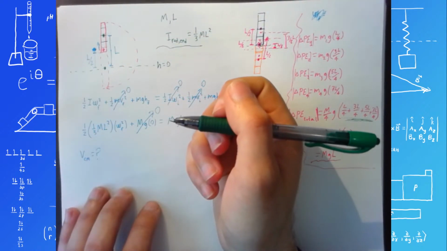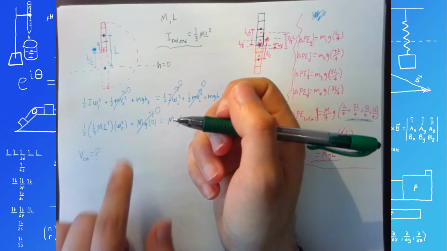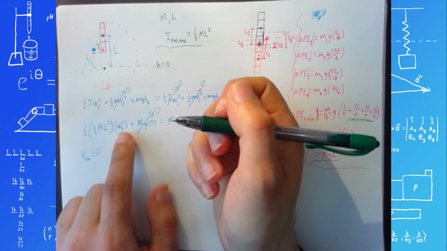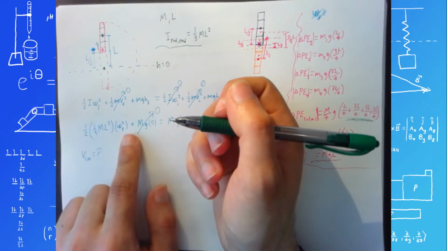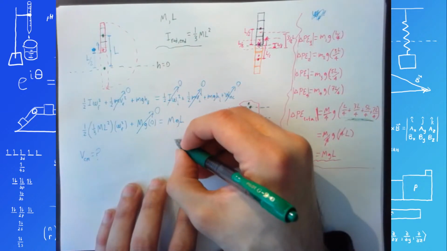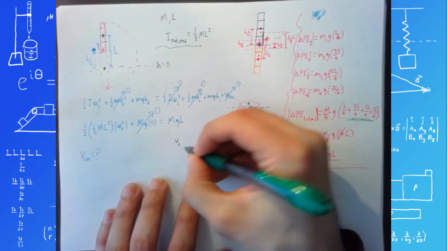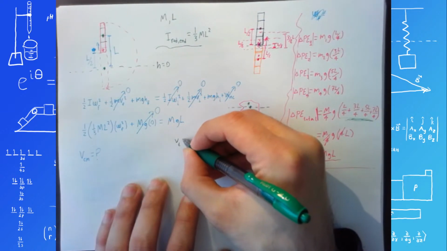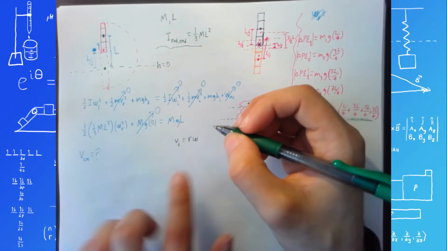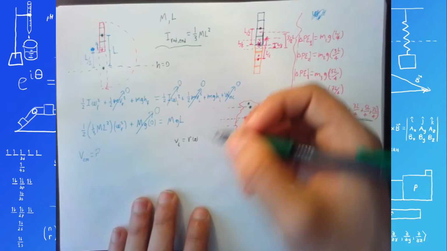So to get the velocity of the center of mass, all I have to do is take the angular velocity and multiply it not by r. Well, we multiply it by r, but what is our r? So we already said that v tangential is equal to r times omega, but what r are we using here?